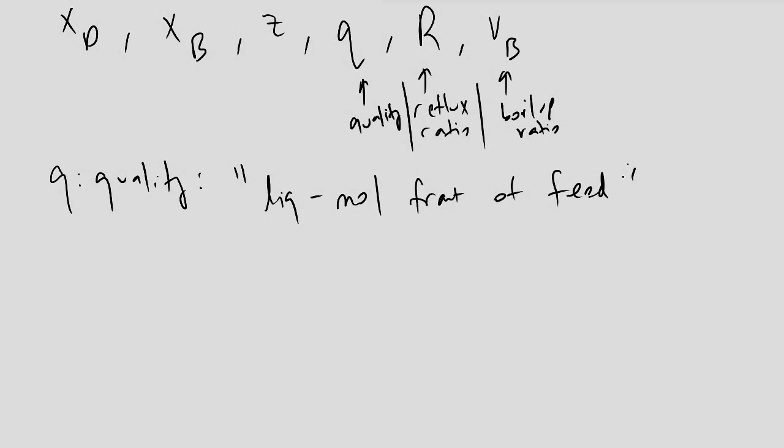That is to say, if our feed was entirely liquid, our quality would be 1, so 100%. If our feed was entirely vapor, our quality would be 0.